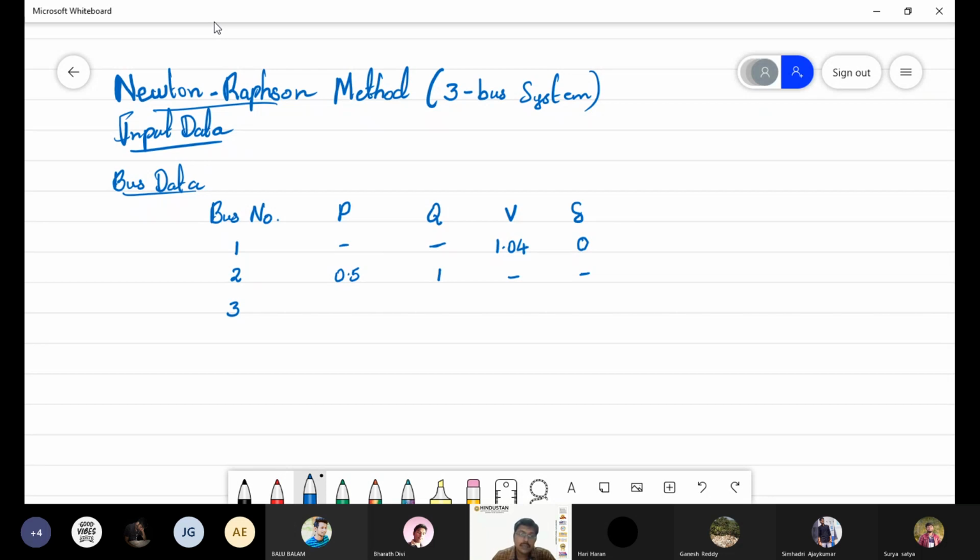And let us see the third bus. Third bus, the real power is given, that is 1.5, sorry, real power is not given, but the reactive power is given, that is 1.5.